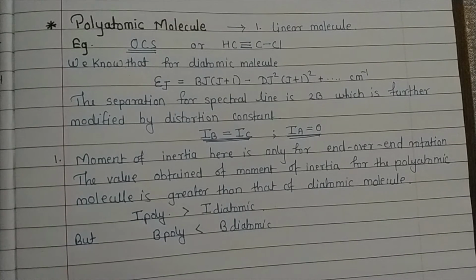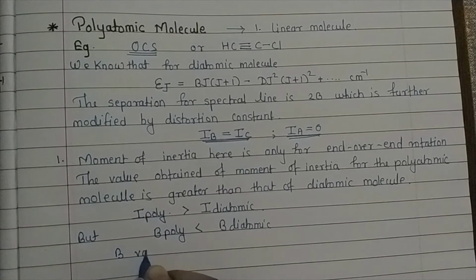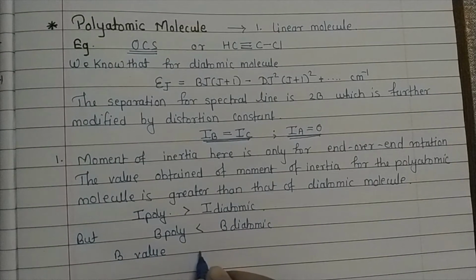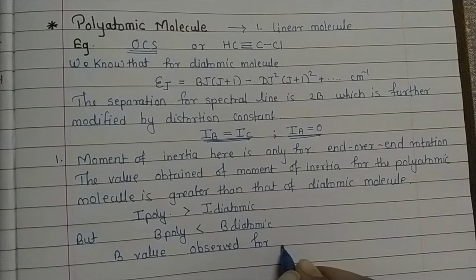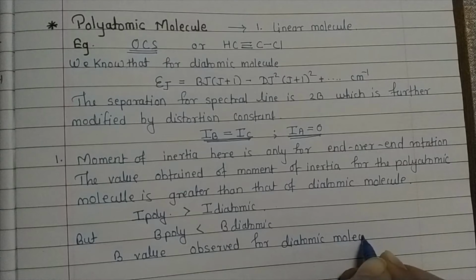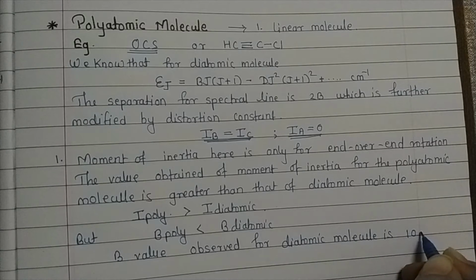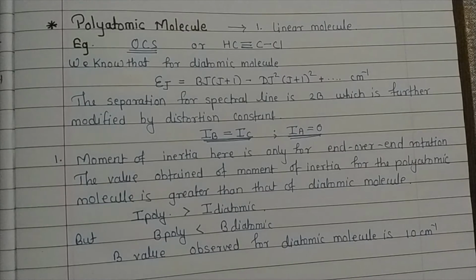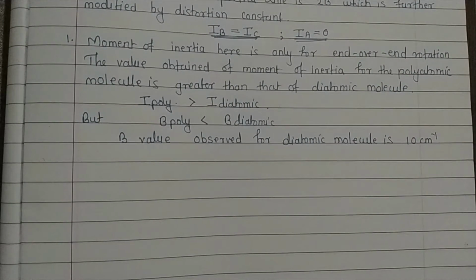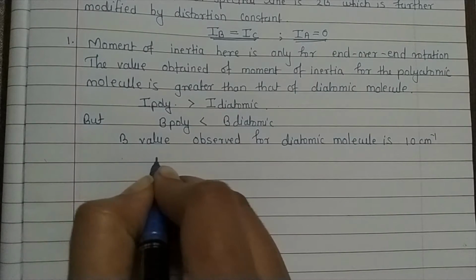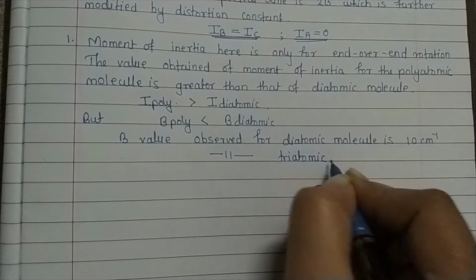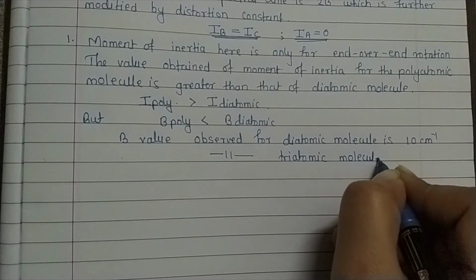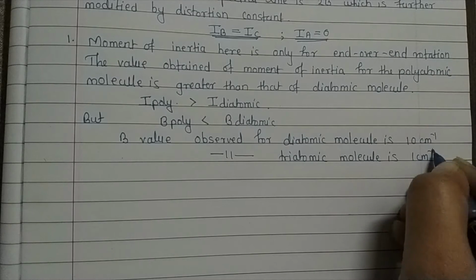So the B value observed for diatomic molecule is 10 centimeter inverse, and the value of B for triatomic molecule is 1 centimeter inverse.